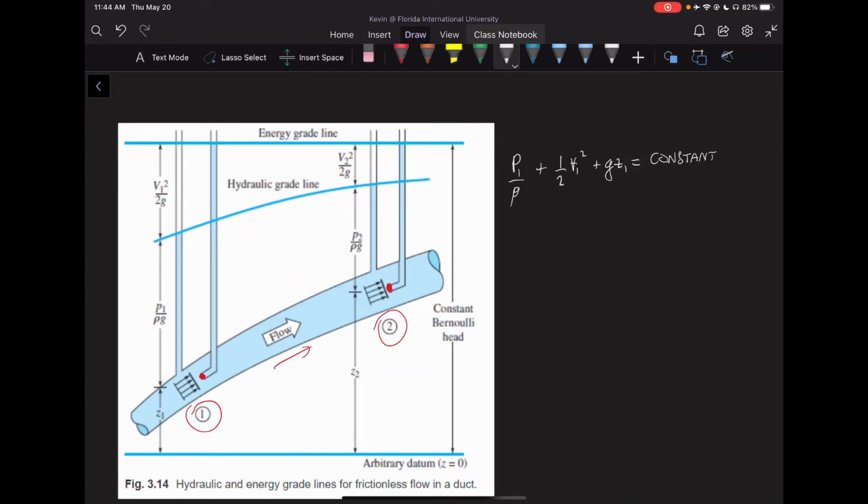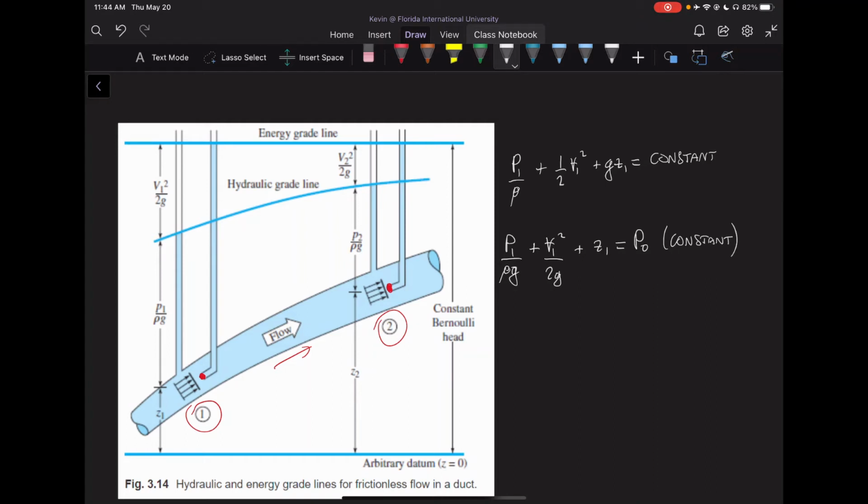Now, if we divide the whole system by G, we now have P1 over rho G plus V1 squared over 2G plus Z1 is equal to P0. This is our constant.